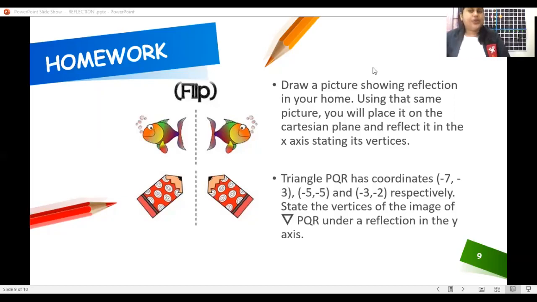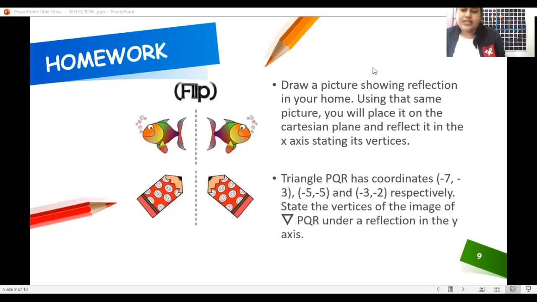Isn't that so? Good. So for your homework, I want you to draw a picture showing reflection in your home. And when you finish, you're going to use that same picture and place it on your coordinate plane and reflect it in the x-axis. All right, good. Then you're going to have to do another question.